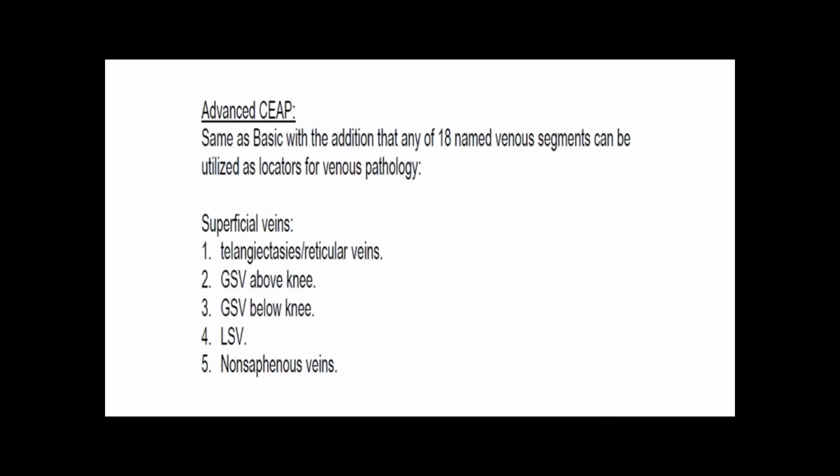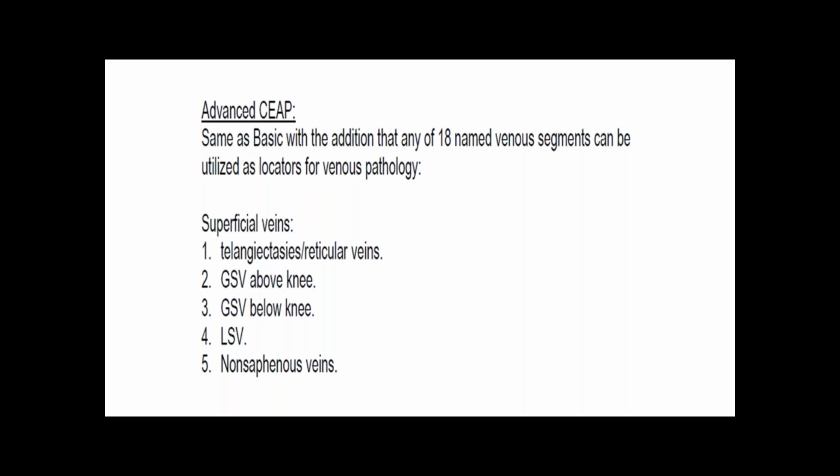Another one is the advanced CEAP. Along with all these anatomical, clinical and pathophysiological features, you add which venous segment is particularly affected, mentioned separately. That is called advanced CEAP.